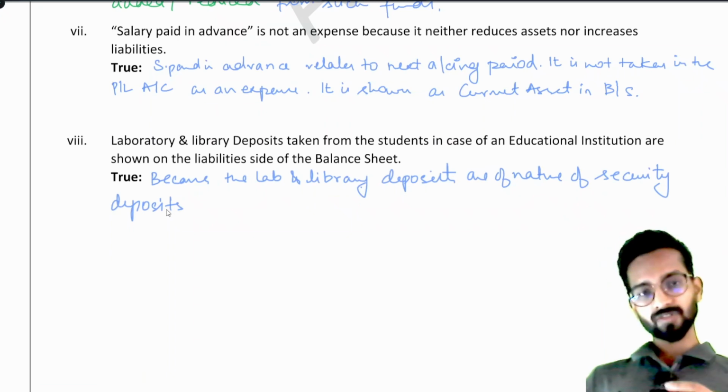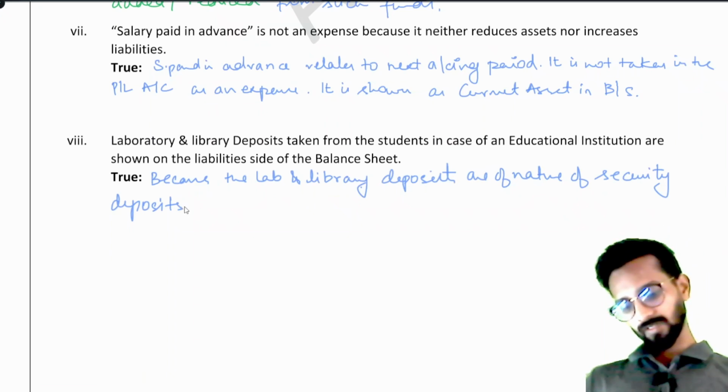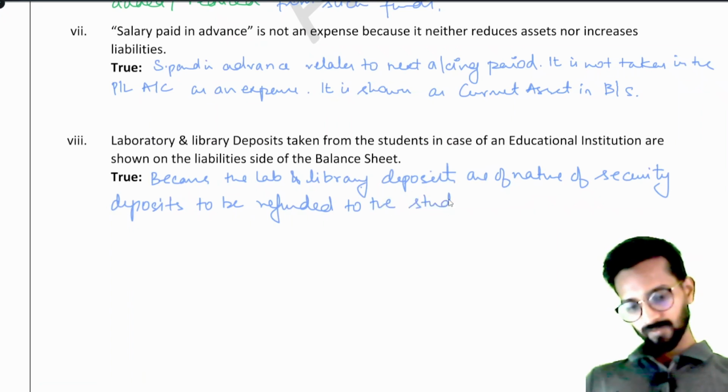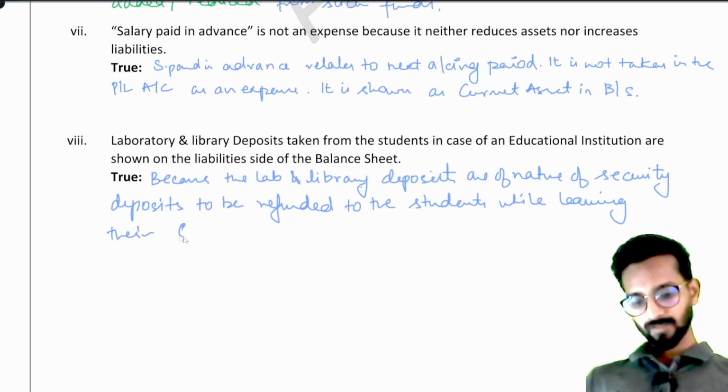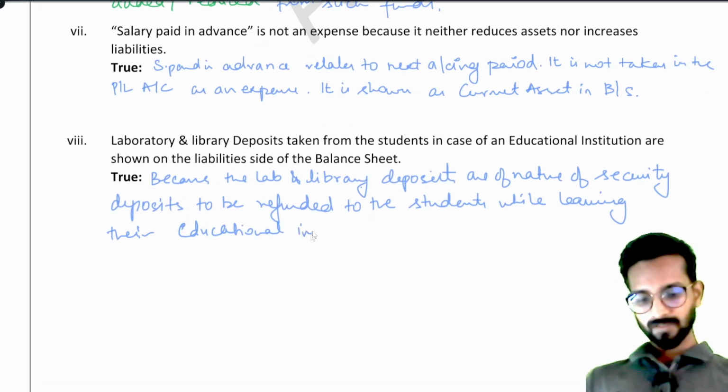Okay, education institution has to refund that amount at later period of time, obviously, which is to be refunded to the students while leaving their educational institution.